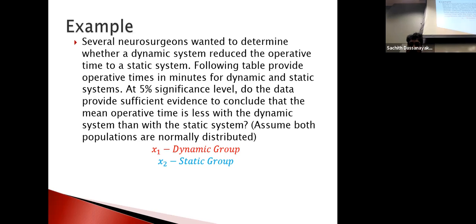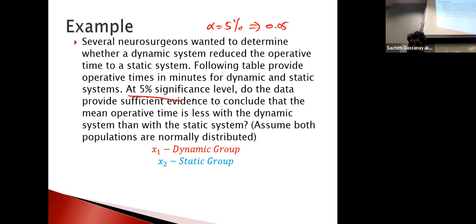Right, so this example is based on several neurosurgeons who wanted to determine, following the table, at a 5% significance level, 5% alpha, which means 0.05.